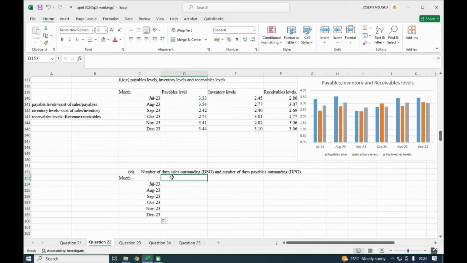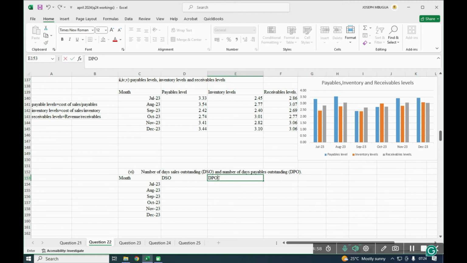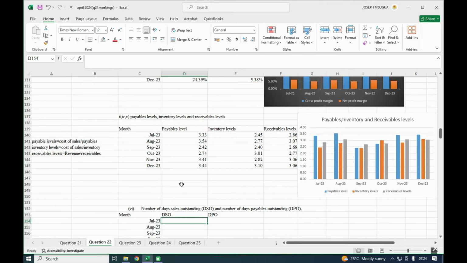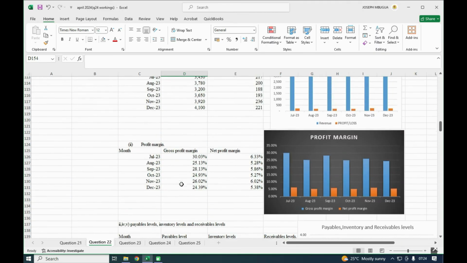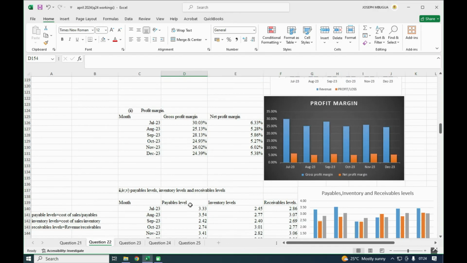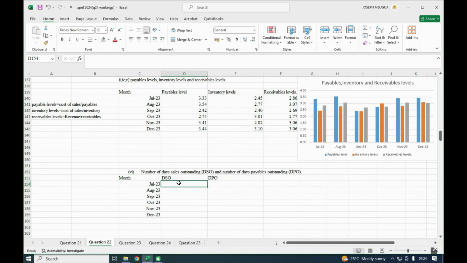So we shall have our DSO and our DPO. And our DSO, remember, is the same thing that we did. Our days of sales outstanding are the same days that we are calculating. There's no difference. Receivable over revenue.